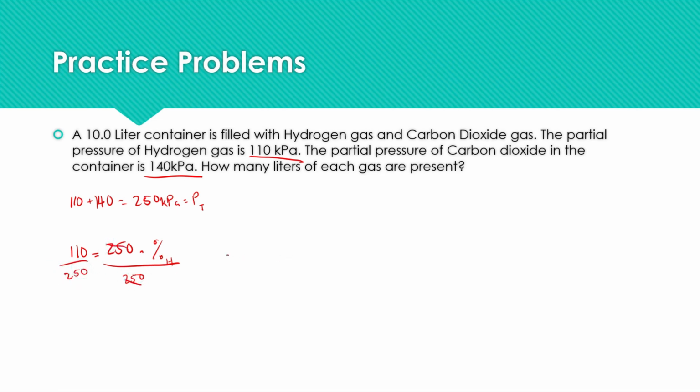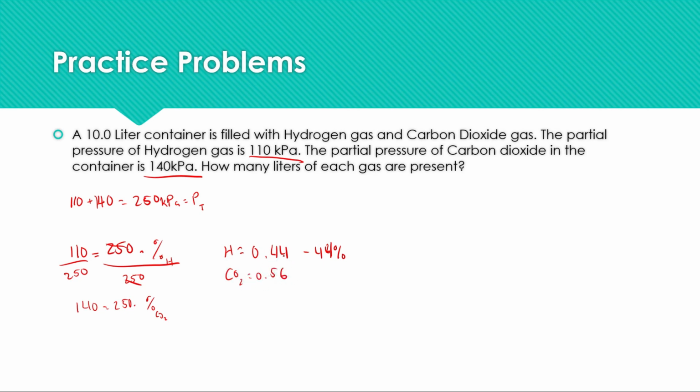And what we end up with is that hydrogen equals 0.44, or about 44% hydrogen. Now we could go ahead and do the math for the other one. We could do 140 equals 250 times the percent of CO2, but we also know it's going to be 56% since the total add up to 100. So we know that CO2 equals 0.56.